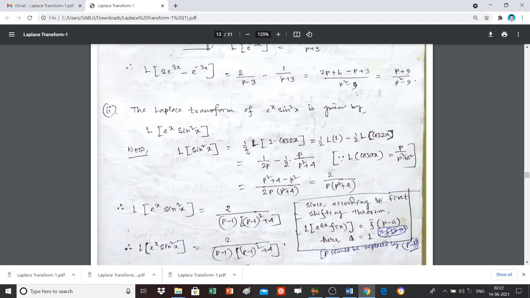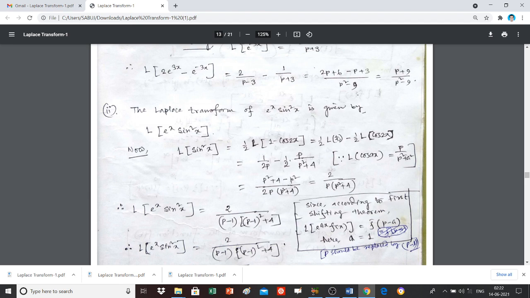So the Laplace transform of sine square x is equal to half the Laplace transform of 1 minus cos 2x. That can be written as half the Laplace transform of 1, minus half the Laplace transform of cos 2x.